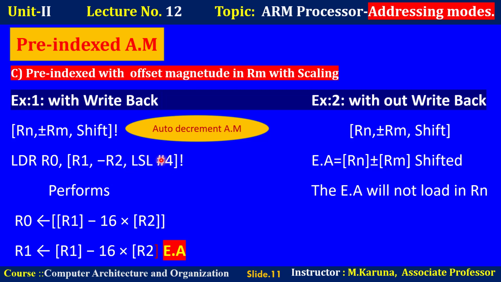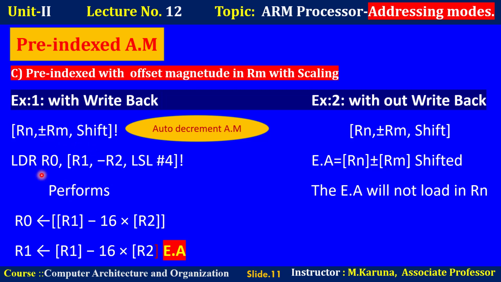A shift operation is performed on the content of R2. The value you get after the shift will be subtracted from R1, which generates the address of the data. Whatever data is present at that address will be loaded into R0.